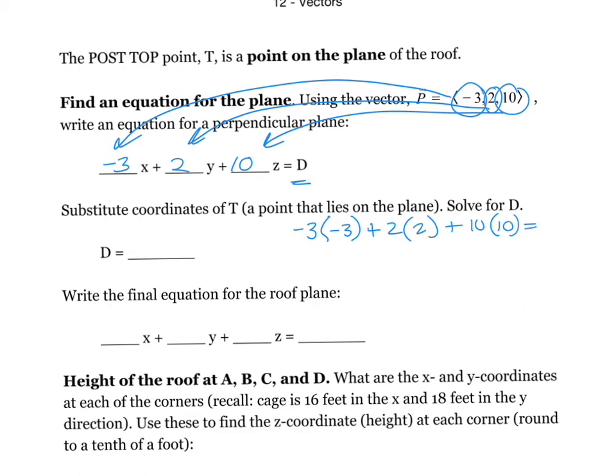And that's going to be 9 plus 4 plus 100, or 113. So the value of D in our plane equation is 113. So finally, we can write the complete equation for the roof, which is -3x plus 2y plus 10z equals 113.